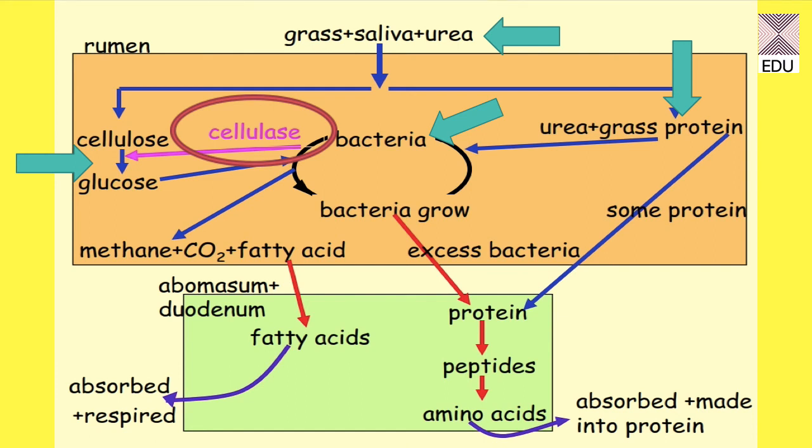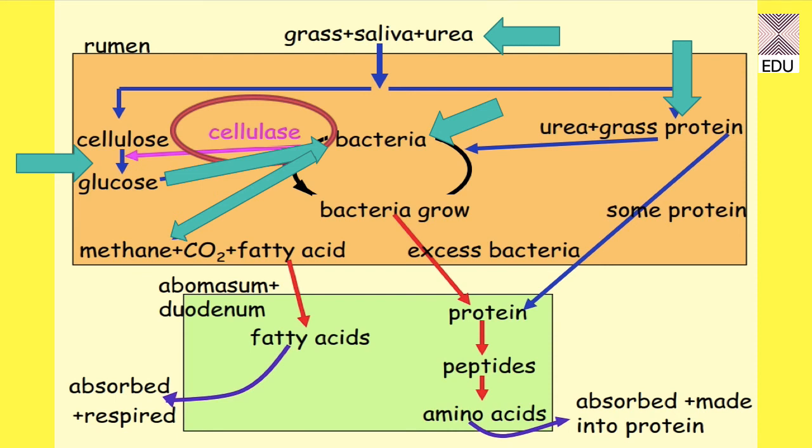Now this glucose is used by bacteria, as we have earlier discussed. Now this glucose is taken up by bacteria, and what is formed? Methane, carbon dioxide and fatty acids are formed. So this is all happening in the rumen.